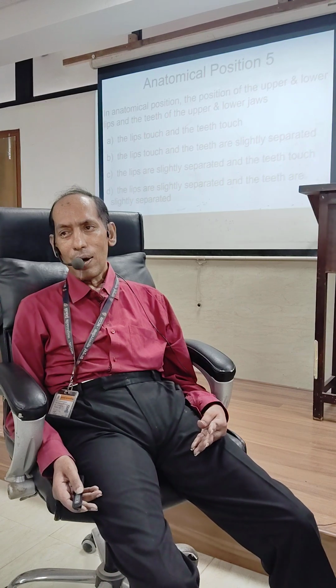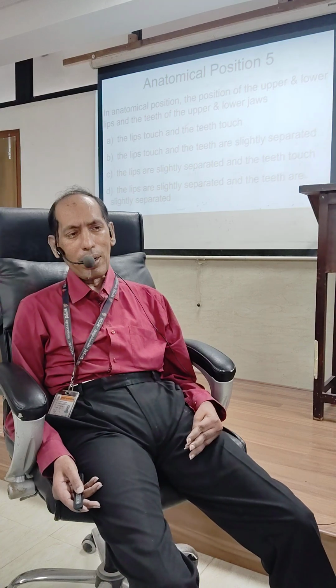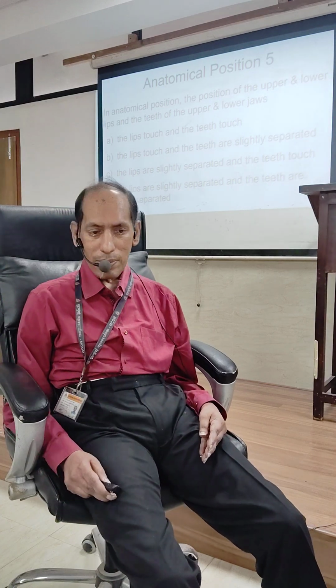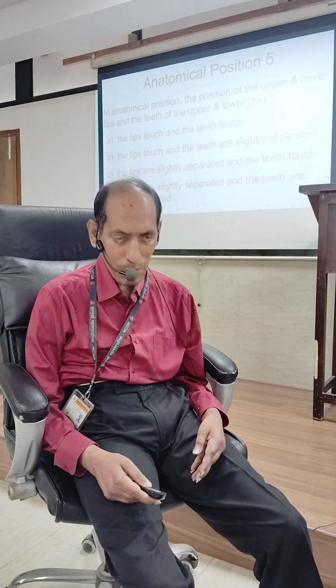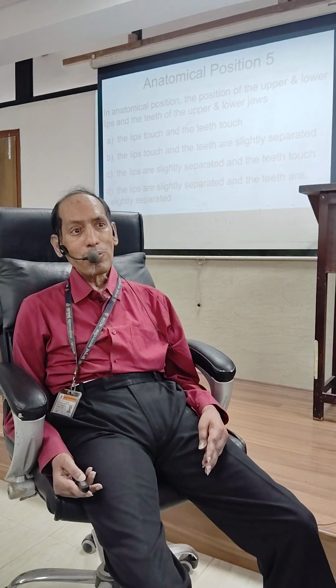The width of a button is how much the teeth are slightly separated. I'm talking about an ordinary button, not a fanciful button with different things on it. That is the separation with the lips touching. Is it clear? Nobody asks you this, but when somebody asks you, you should know exactly.